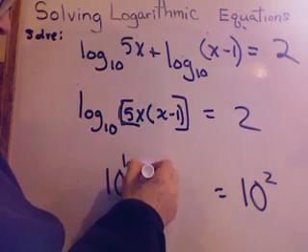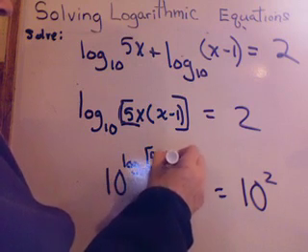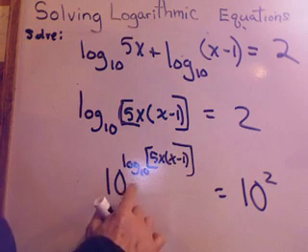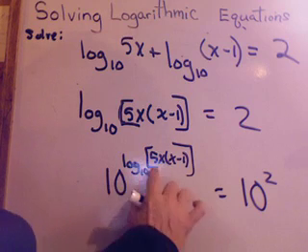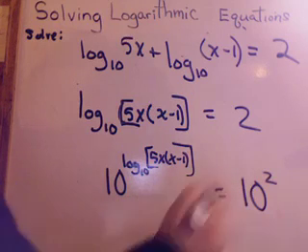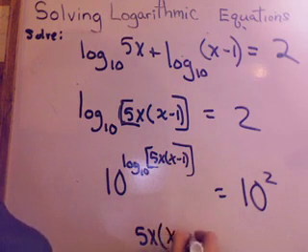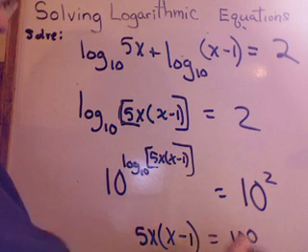So log base 10 of that bracket, 5x times x minus 1. And then, remember the inverse property? If this is 10 to the log 10, this value can equal that. So, 5x times x minus 1 can equal 100.